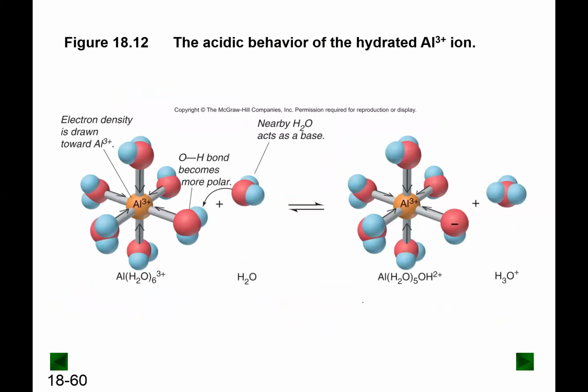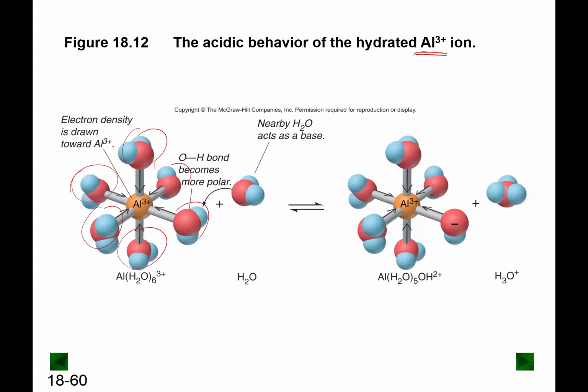So how does this look? Well, let's just take a quick look at a picture of it. Hydrated aluminum has acidic behavior. The hydrated aluminum ion in solution is believed to look somewhat like this, where the water molecules are surrounding the aluminum.